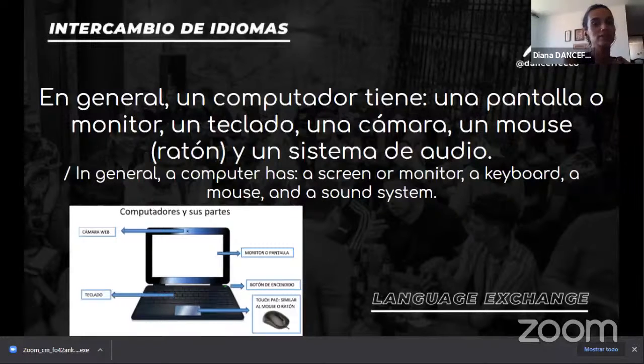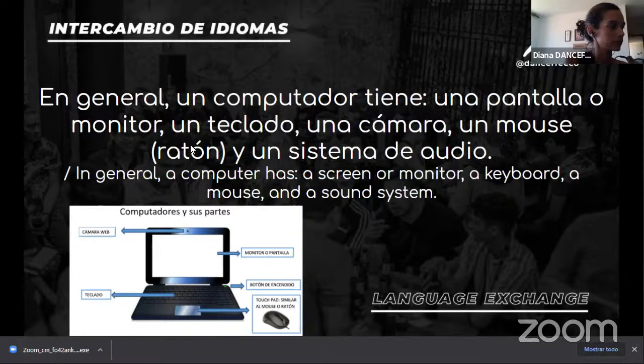This is a word that we take from English directly because most of us say mouse instead of ratón, which is the translation. Some people do use the word ratón. But in general, most people say mouse. Y un sistema de audio.